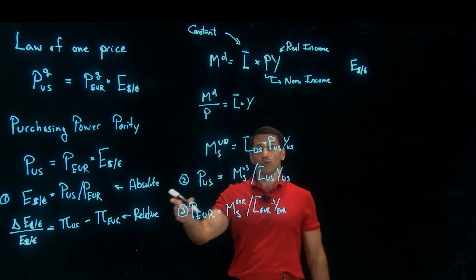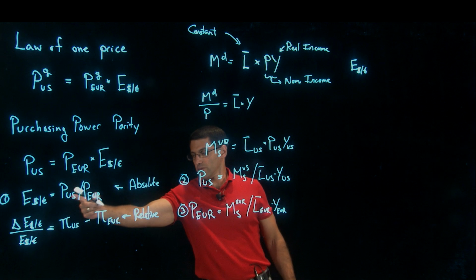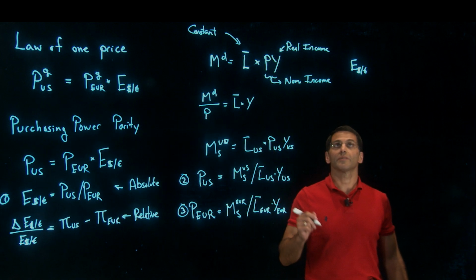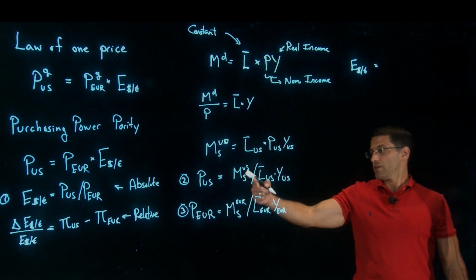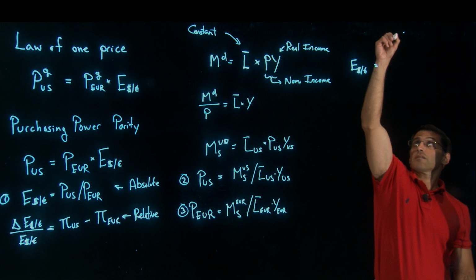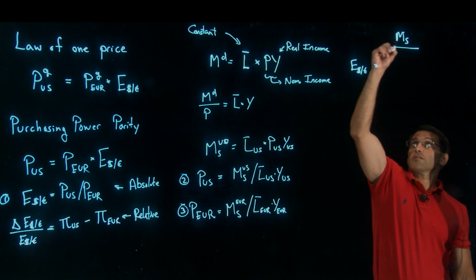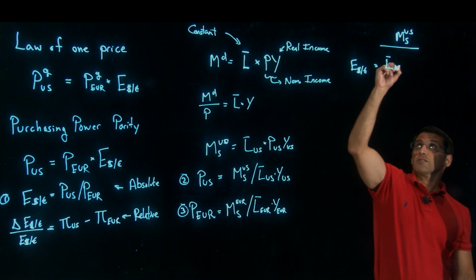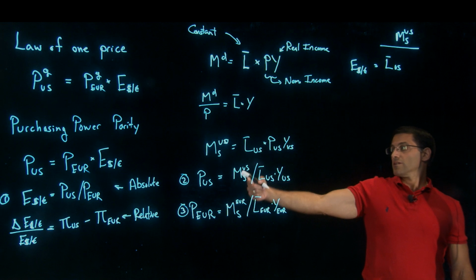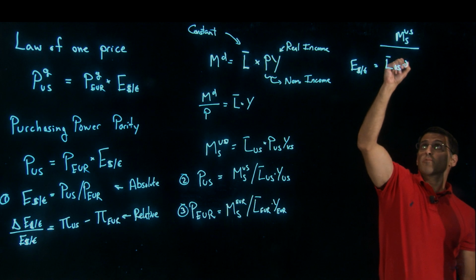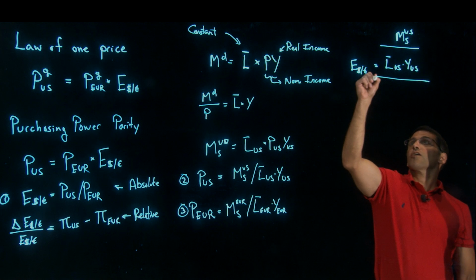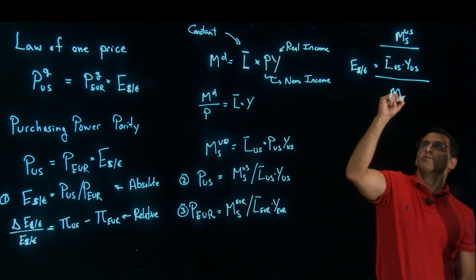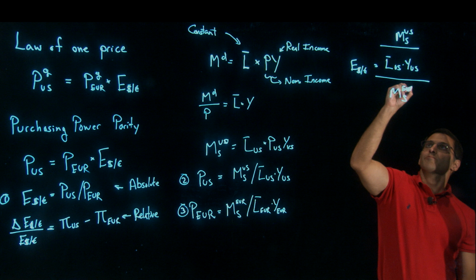So I will plug 2 into the numerator in equation 1, and I'll also plug 3 into the denominator in equation 1, and that will give me money supply in the US over that constant times aggregate output, all over the same fraction, the same term, but for the Eurozone.